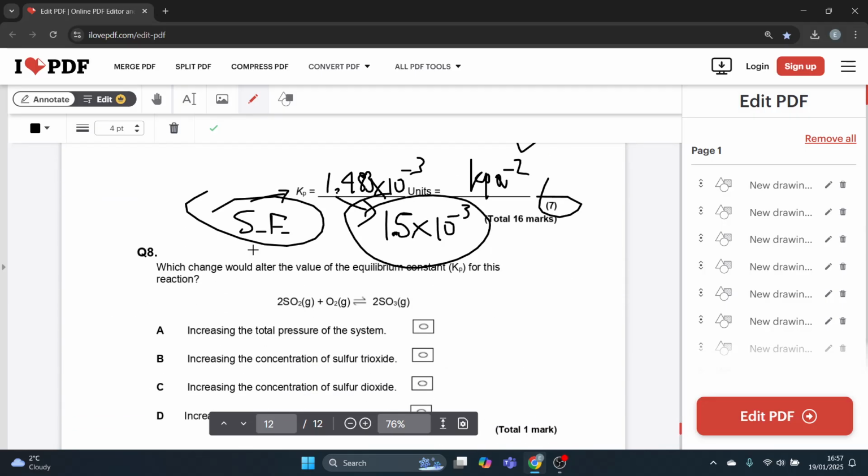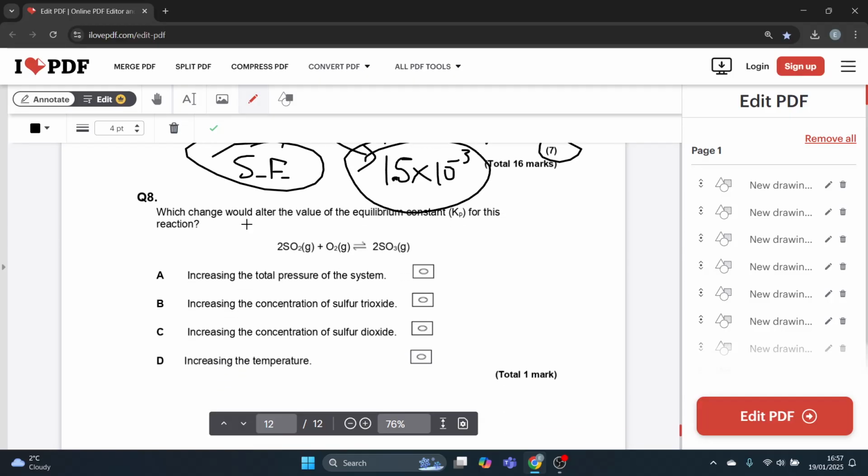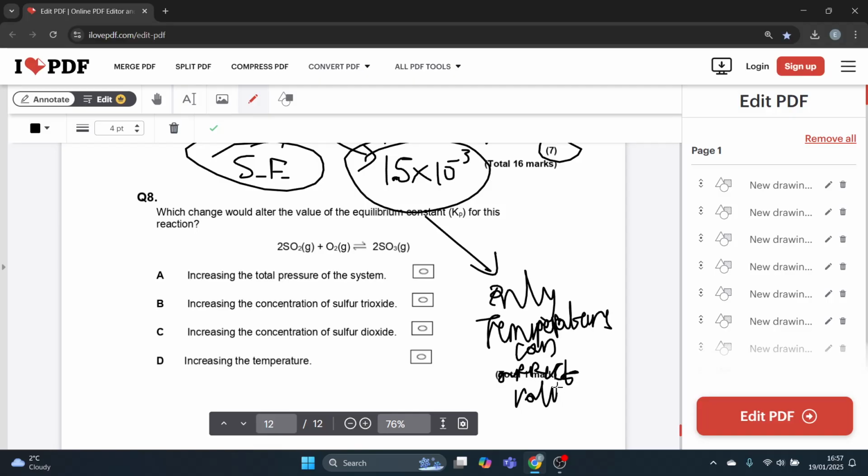Not bad. And then question 8 says, which change would alter the value of the equilibrium constant Kp for this reaction? Remember, this is actually very simple because only temperature can affect the value of Kp.